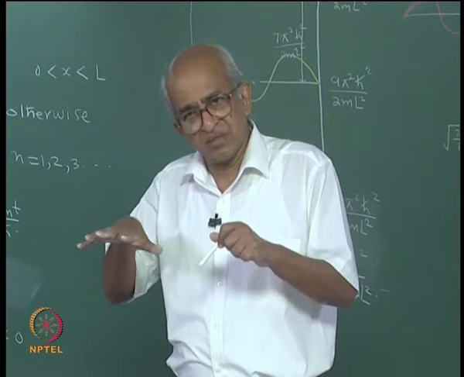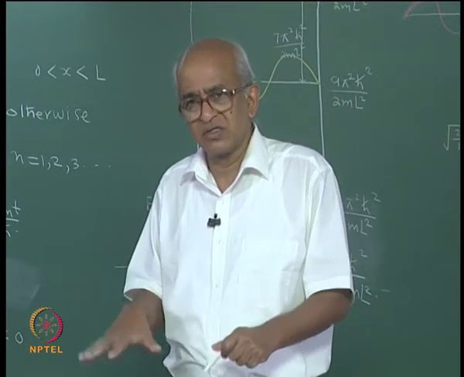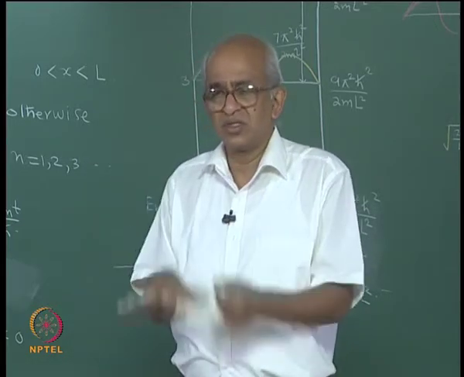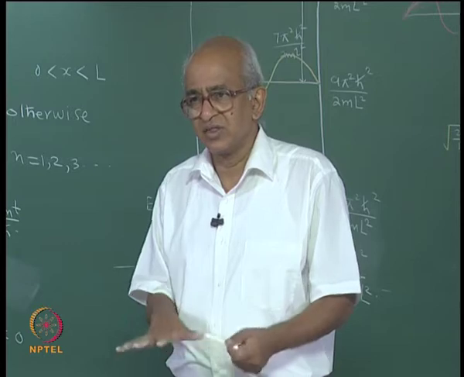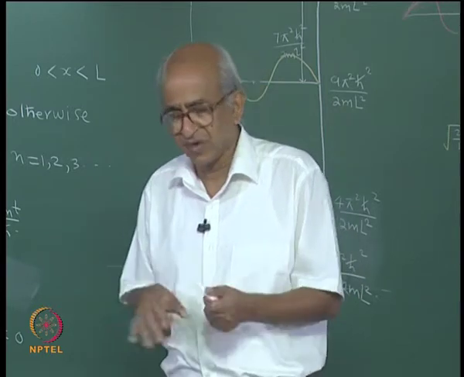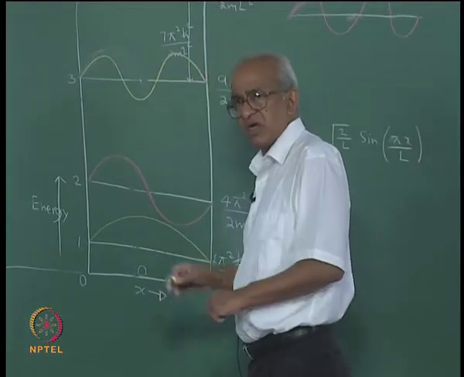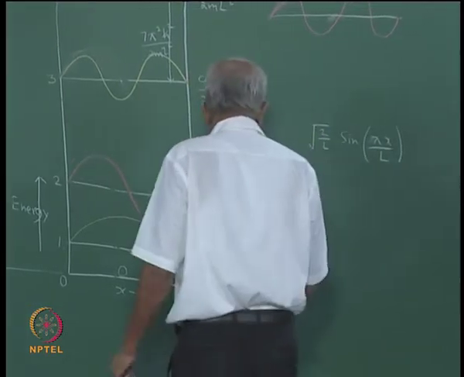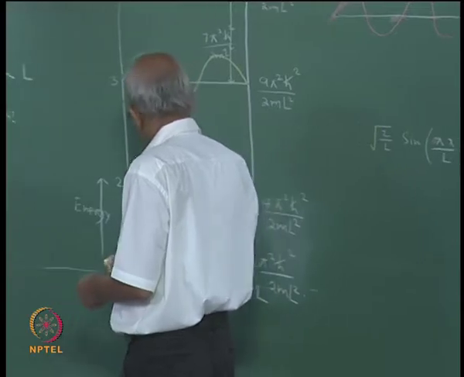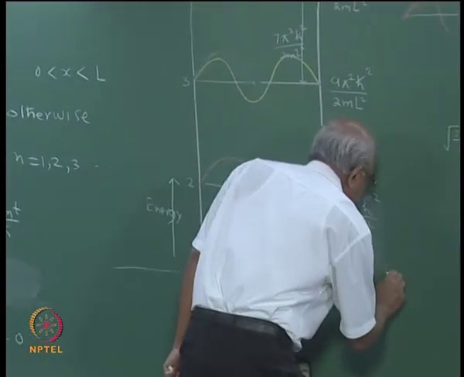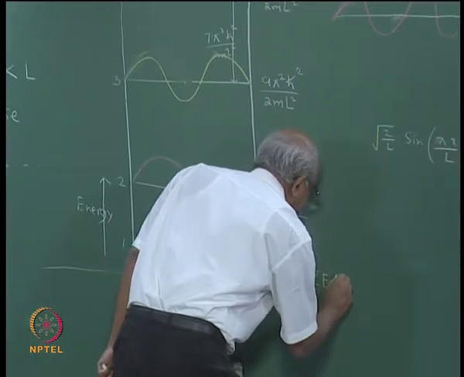So, even when the surroundings are at 0 Kelvin, the system has an energy, and this energy that is possessed by the particle even at 0 Kelvin is referred to as 0 point energy. Maybe here, 0 point energy.